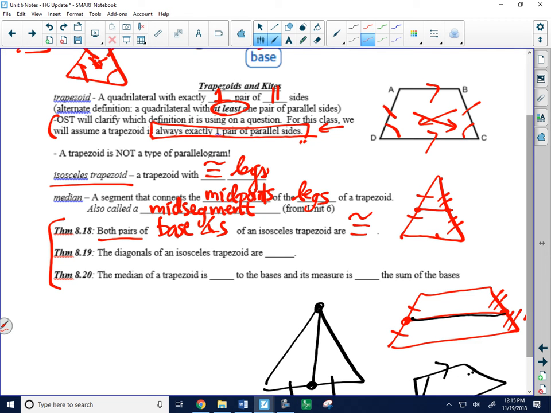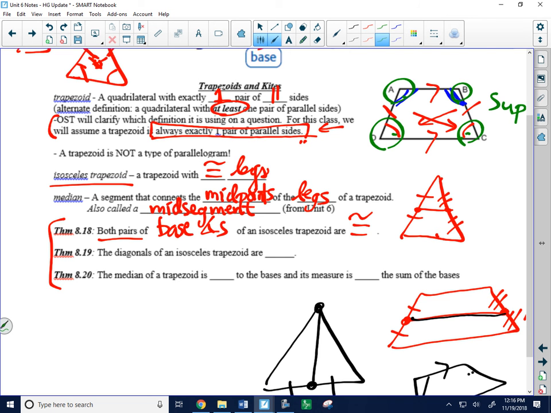Now, you might say, well, both pairs. Well, that's one pair. These up here are also congruent. The reason is because angle D and angle A are supplementary because of parallel lines, they're same side interior. Same with C and B. C and B are supplementary. So if these were congruent, so would these.